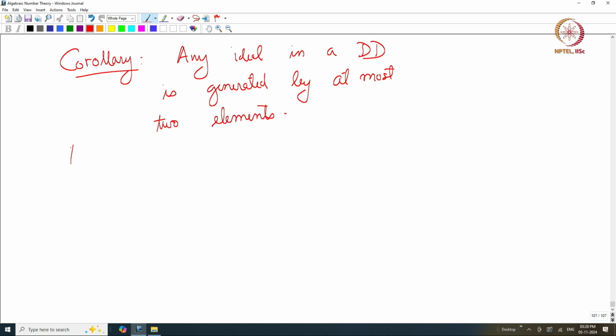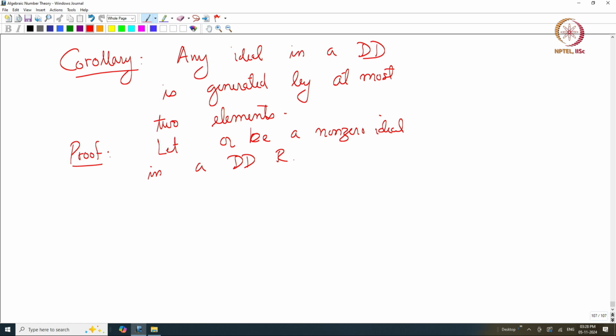Okay. So, proof, of course, we do not need to prove anything about the 0 ideal, because the 0 ideal is generated by 0. So, let A be a non-zero ideal in a Dedekind domain R. Actually, it is better than generated by at most 2 elements.